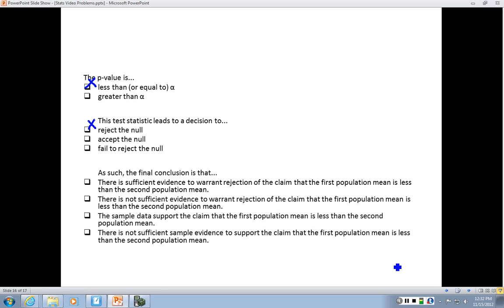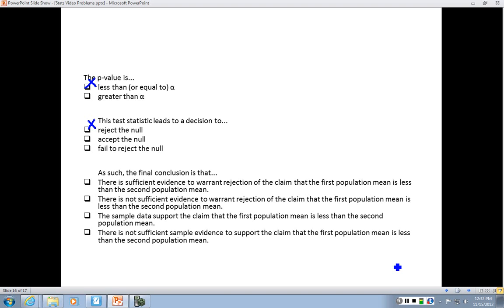And then for our final conclusion, we need to look at this and see which one of these conclusions is talking about rejecting the null in favor of the alternative hypothesis. And that would be the third one, that the sample data support the claim that the first population mean is less than the second population mean, because that's what the alternative hypothesis is, that claim that the first is less than the second.